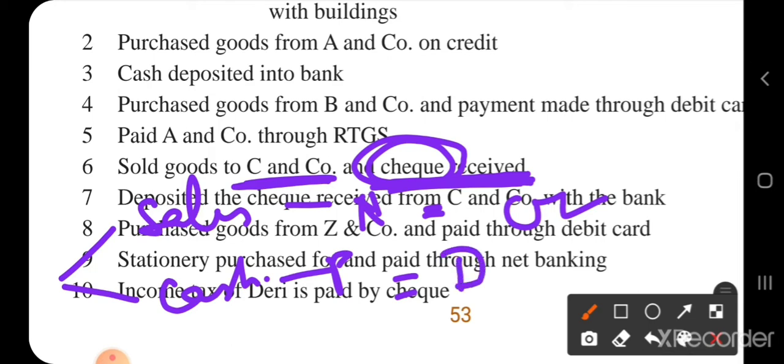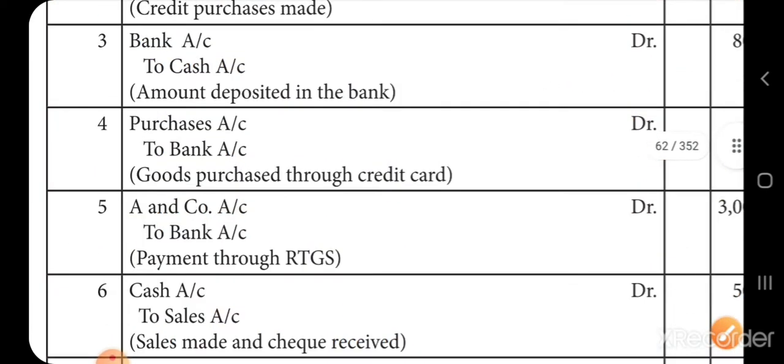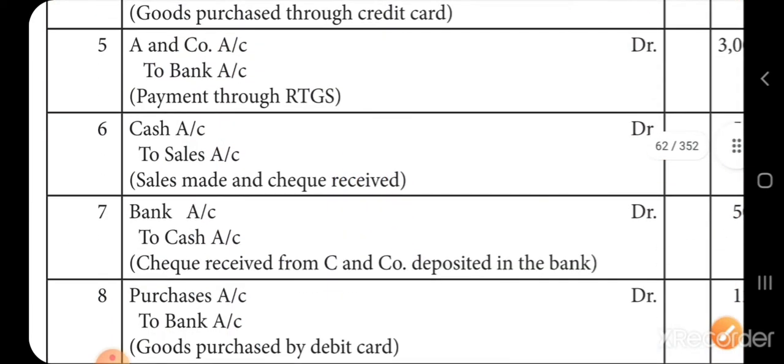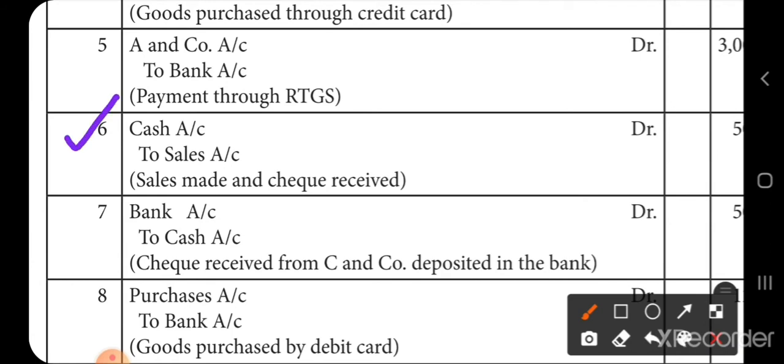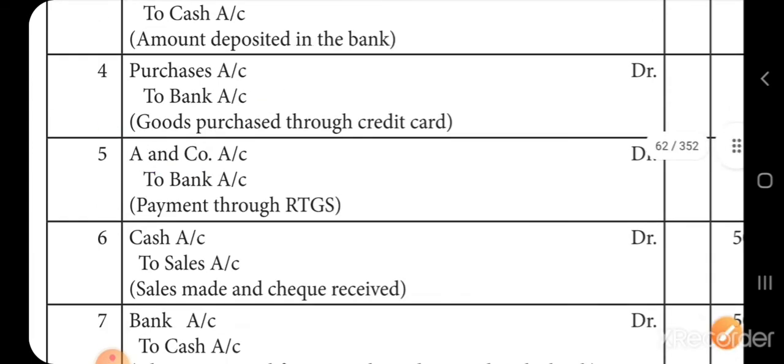Here, debit the receiver, you are receiving the money. The entry will be cash account debtor to sales account. Check received is treated as cash received. That is why you are taking it as cash here. When the check is deposited in the bank on the same day, you will write bank. And next one, seventh.